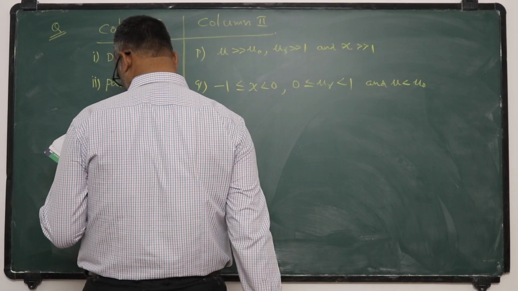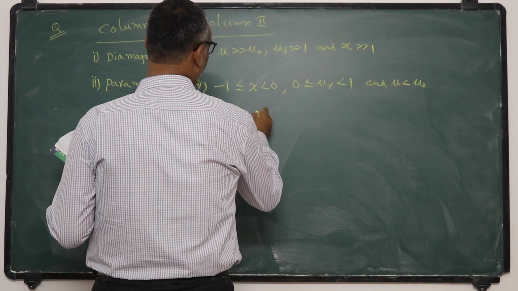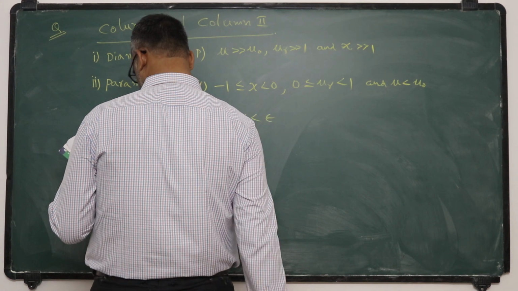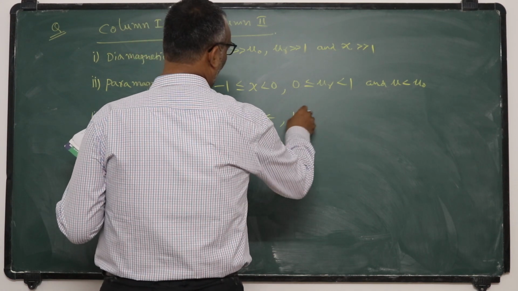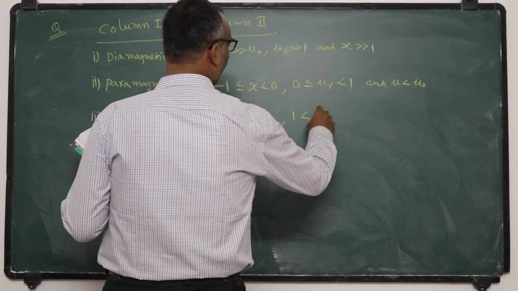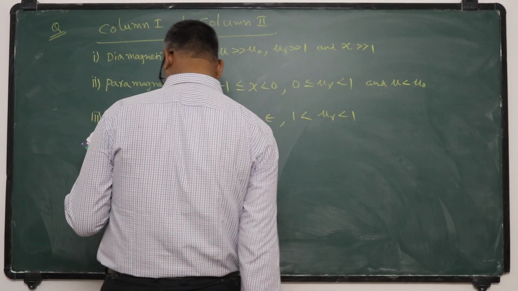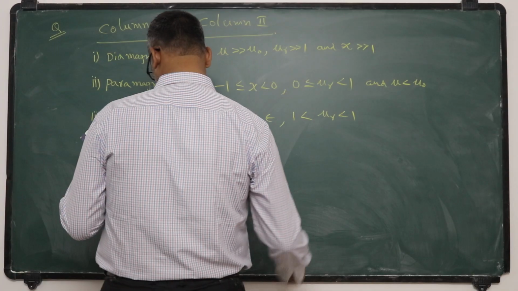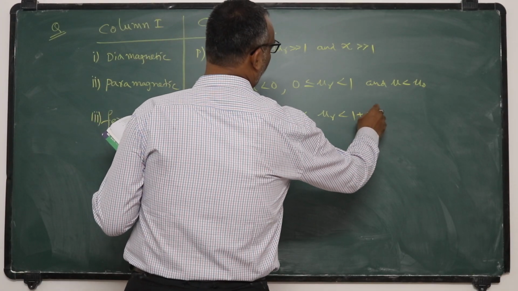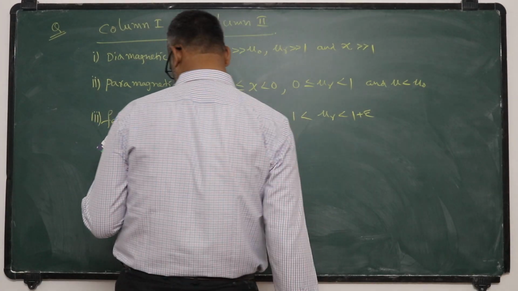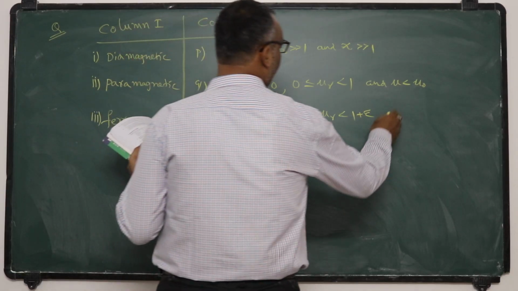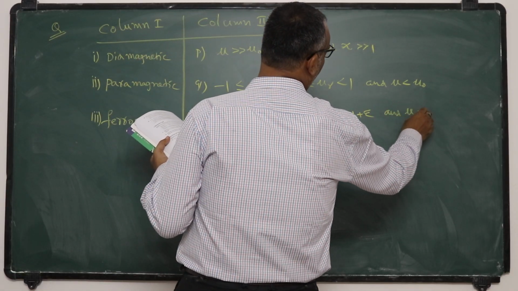Then 0 less than chi less than epsilon, comma 1 less than mu r less than 1 plus epsilon, and mu greater than 0.